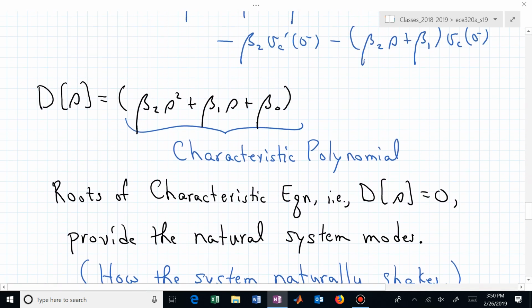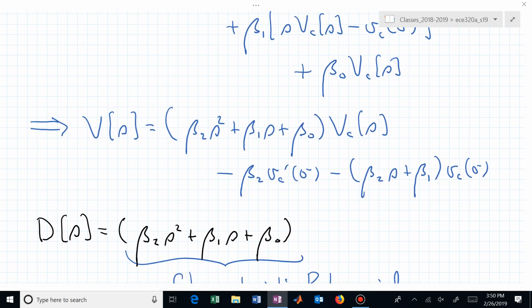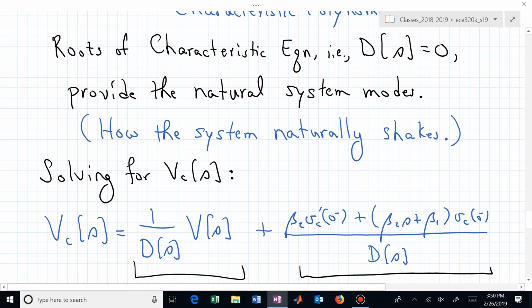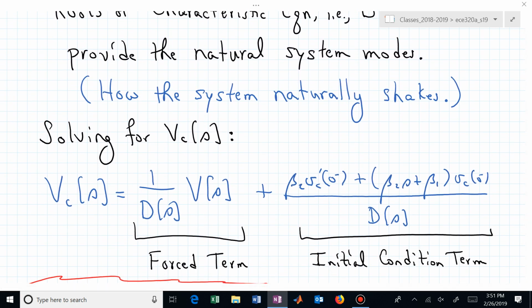But now if we solve this equation in blue for V sub c of s, do you see all we really need to do is divide everything by that characteristic polynomial? All terms. And we have one term that's capital V of s, our applied voltage as Laplace transform, divided by that characteristic polynomial, which I'm just calling d of s, and these initial condition terms divided by the characteristic polynomial. And now we're probably going back to a differential equations type class, a forced response.